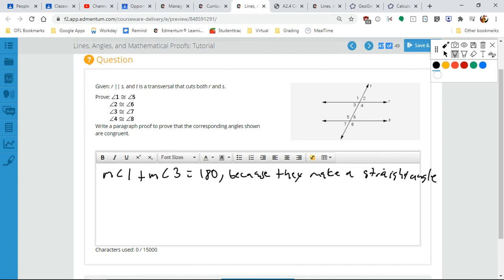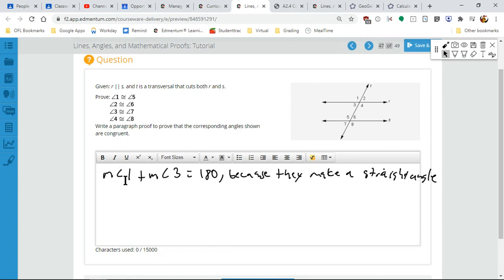As we said before, I'm actually going to type this out because writing it out is taking way too long. They make a straight angle. So I'm going to say that part. Then I'm going to leave a space here so I can write underneath it.